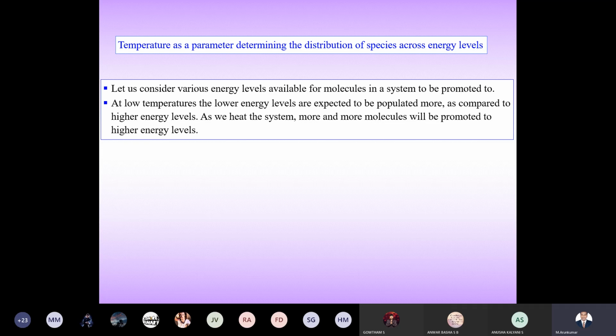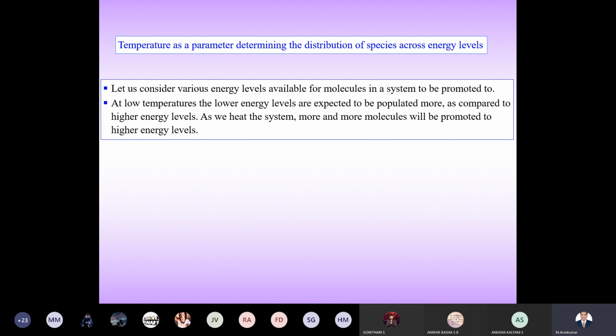So the molecules at a lower energy level will try to move to a higher energy level, right? In physics, energy transfer will happen from lower to higher levels. Like that, in thermodynamics, as we heat the system, more and more molecules will be promoted to higher energy levels.